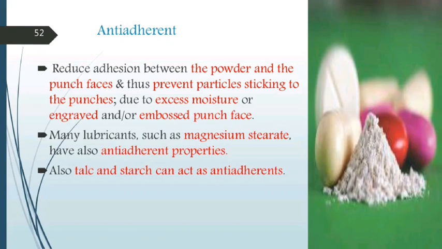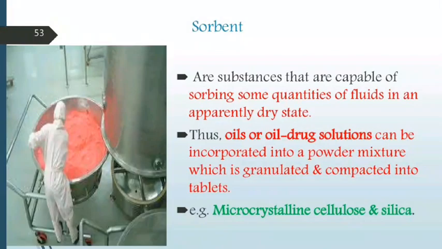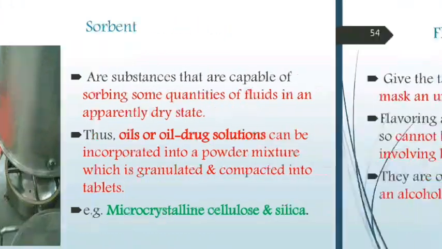Talc and starch are commonly used anti-adherents. Then sorbents means adsorbents, which are capable of absorbing some fluids and keeping them in dry conditions. So microcrystalline cellulose and silica can also be used as absorbents.